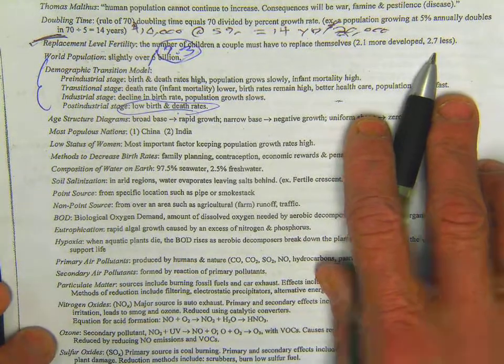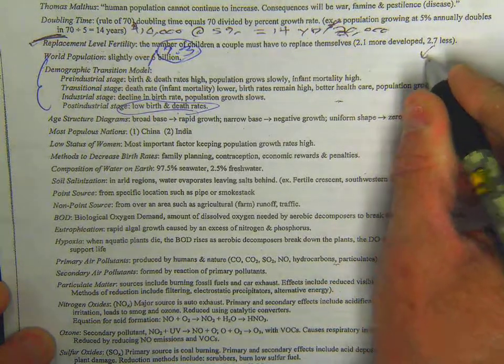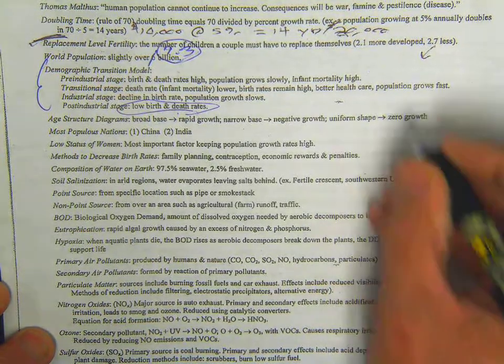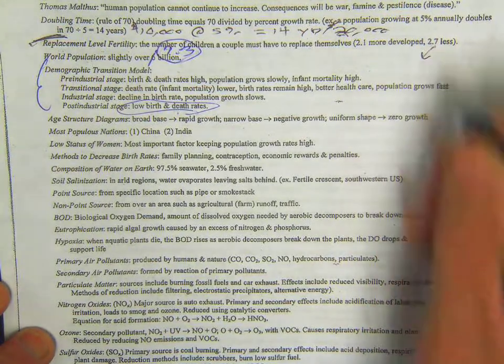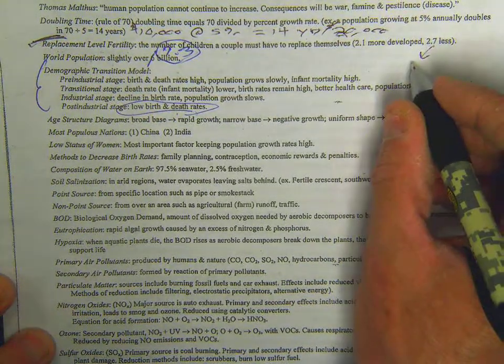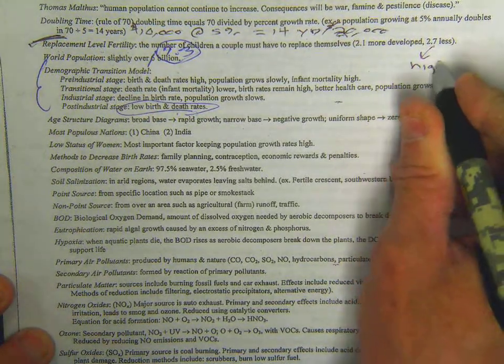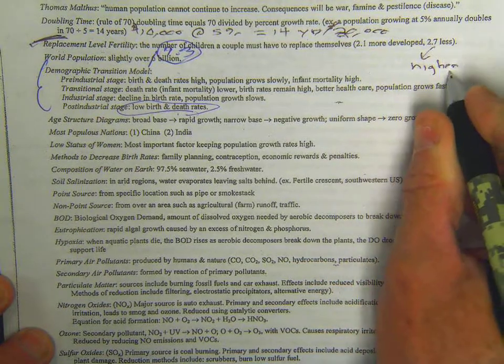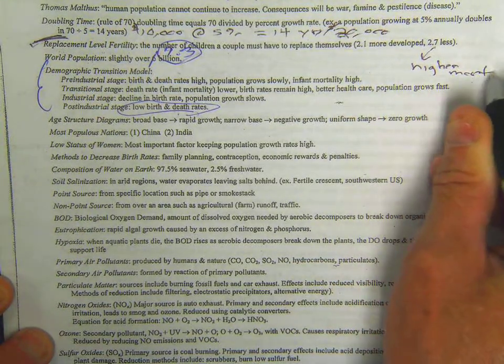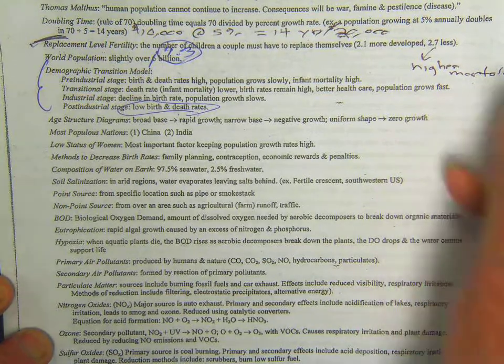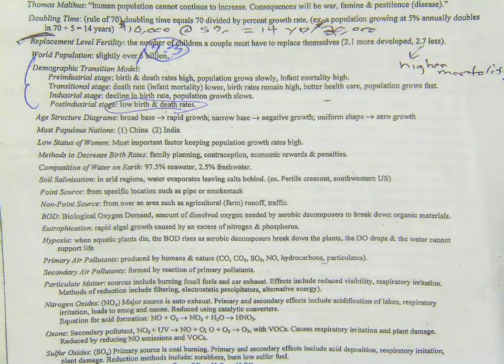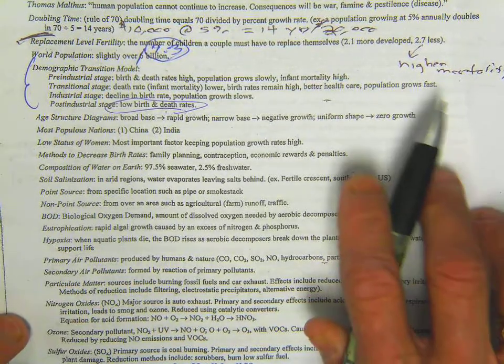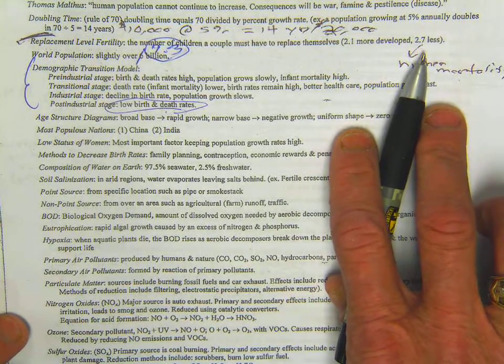In a less developed, third world country, the replacement level fertility is higher because of a higher mortality rate. Remember, those countries do not have access to the same health care. The infant mortality, for example, of babies being born is very, very high, and that's something to remember. So the replacement level fertility is higher in less developed countries.